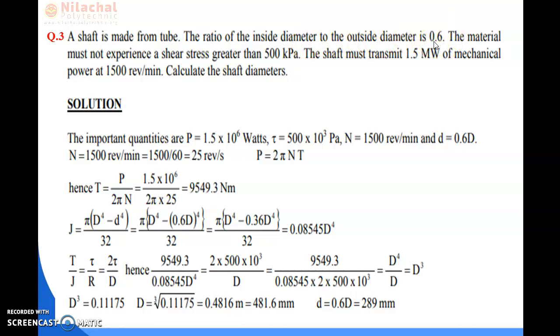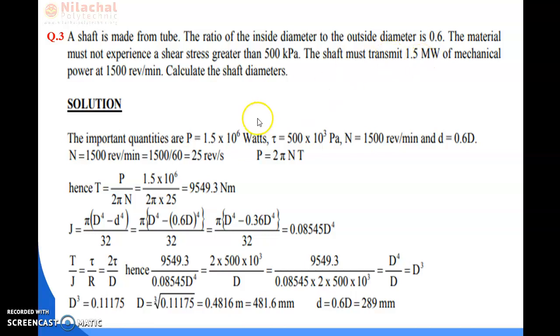So first of all, what are the data given? First of all, we have to write. So power is given as 1.5 into 10 to the power 6 watts. That is, here 1.5 megawatt is given, and we have to convert this megawatt value into watt.